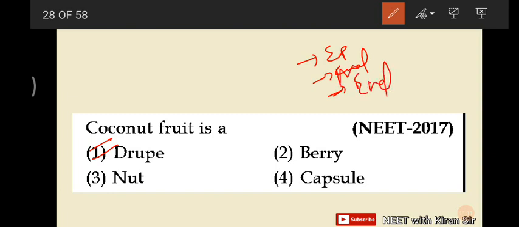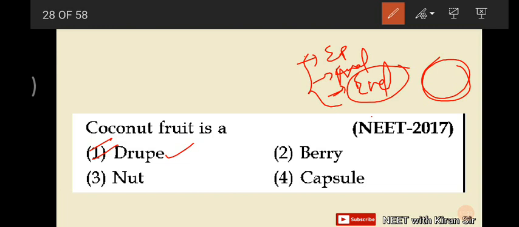In a drupe, the endocarp is hard or stony, for example the hard shell inside the coconut. What we call the coconut chip, that is the endocarp. If it is hard and stony, it is called a drupe. If all three, epicarp, mesocarp and endocarp, are edible in nature, then it is called a berry. The best example is tomato.